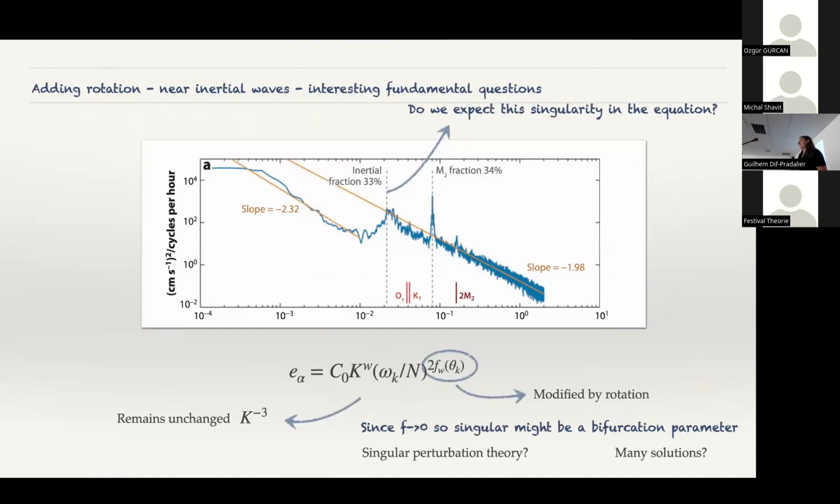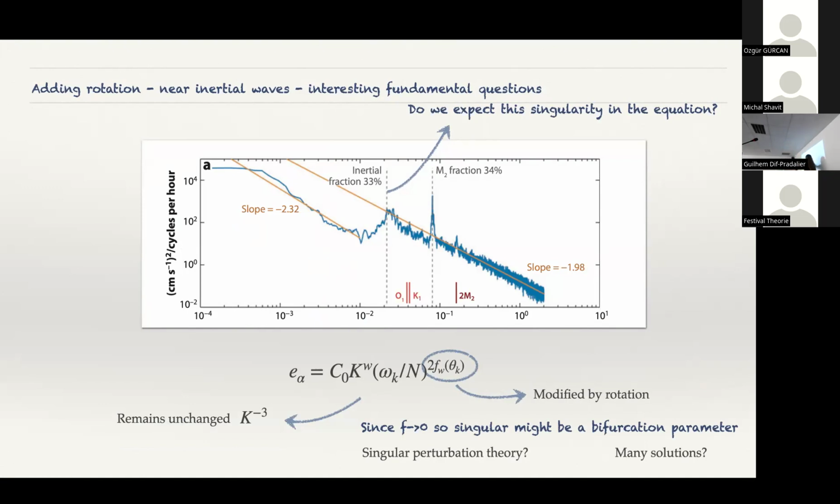And when f is not 0, so now we're working on the problem when f is small, but not infinitesimally small, the problem is interesting, and it seems much more complicated, and we cannot do simple perturbation theory because the limit when f is going to 0 is so singular. Then we have other fundamental questions that we ask ourselves.